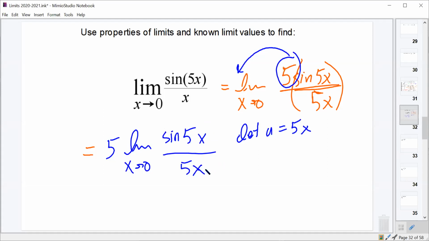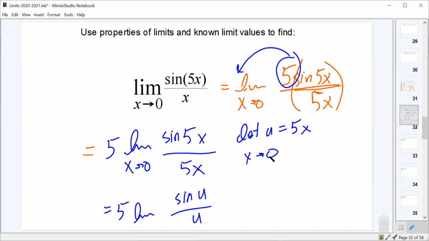If I do that, I got 5 times the limit, and I'll deal with that x approaching 0 in a second, of sine of u over u. Sine of u over u would be great if my limit was u approaching 0, right? Because then I would know that this was 1. But do we know that u is approaching 0?